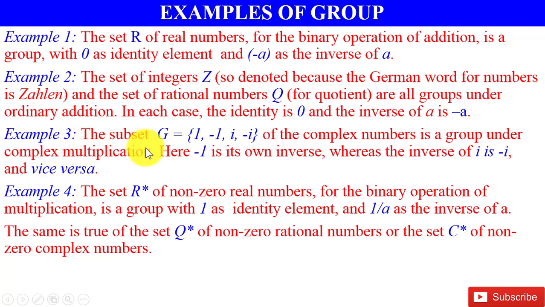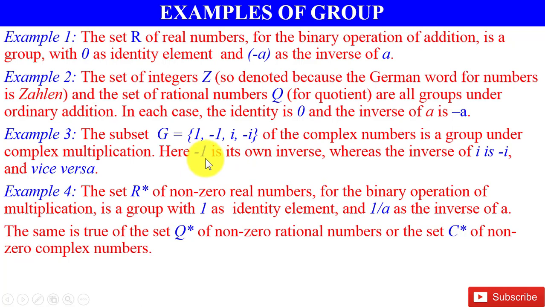Example 3. The subset G is equal to {1, minus 1, i, minus i} of the complex numbers is a group under complex multiplication. Here minus 1 is its own inverse because minus 1 into minus 1 is equal to 1.